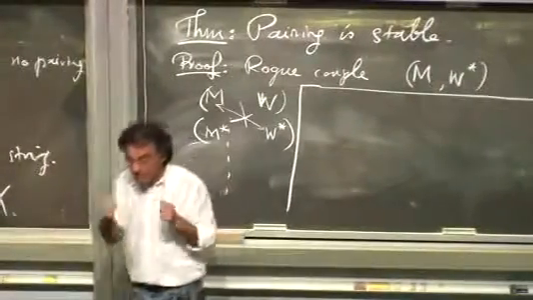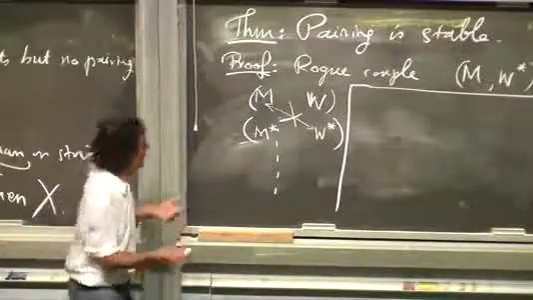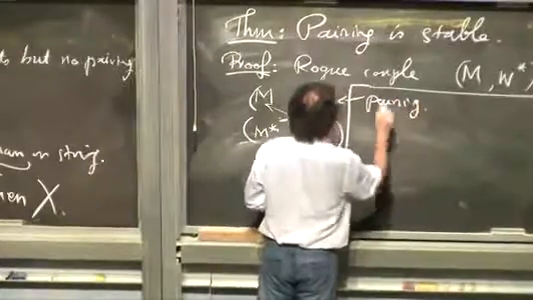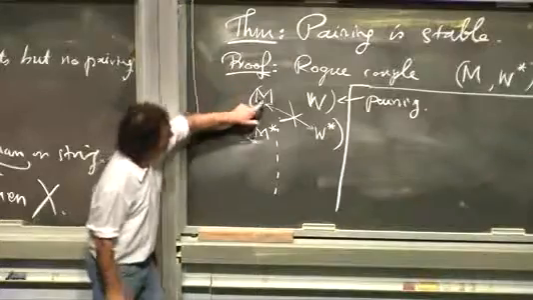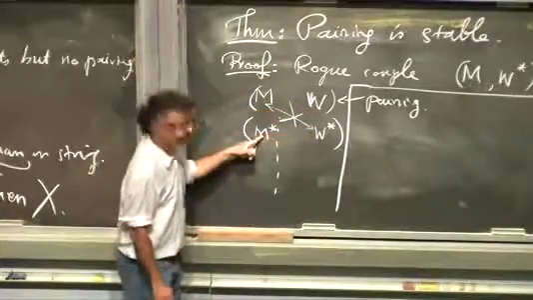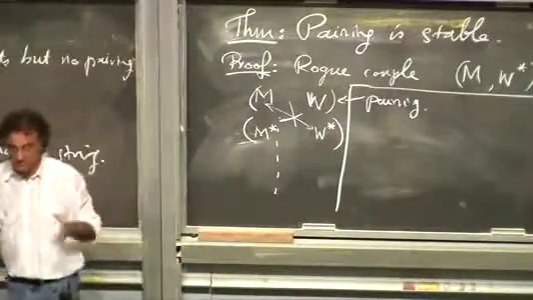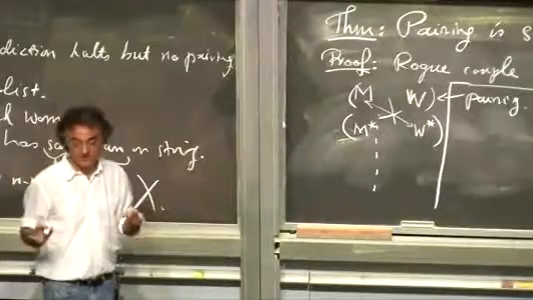In the pairing that was output by the algorithm, M is matched to somebody else, W. So this is part of the actual pairing. W star is matched to M star, and everybody else is matched as they are. We want to show there's a contradiction.